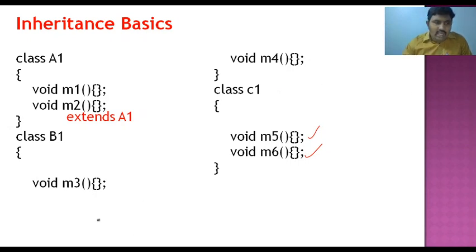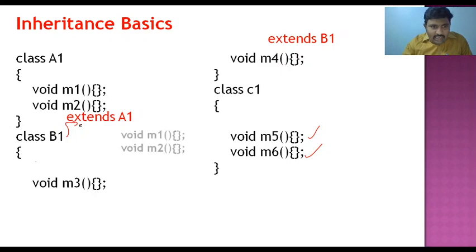So what we can do is write: class B1 extends A1. Then similarly, class C1 extends B1. So automatically, when you write class B1 extends A1, the methods M1 and M2 will be available to class B1.